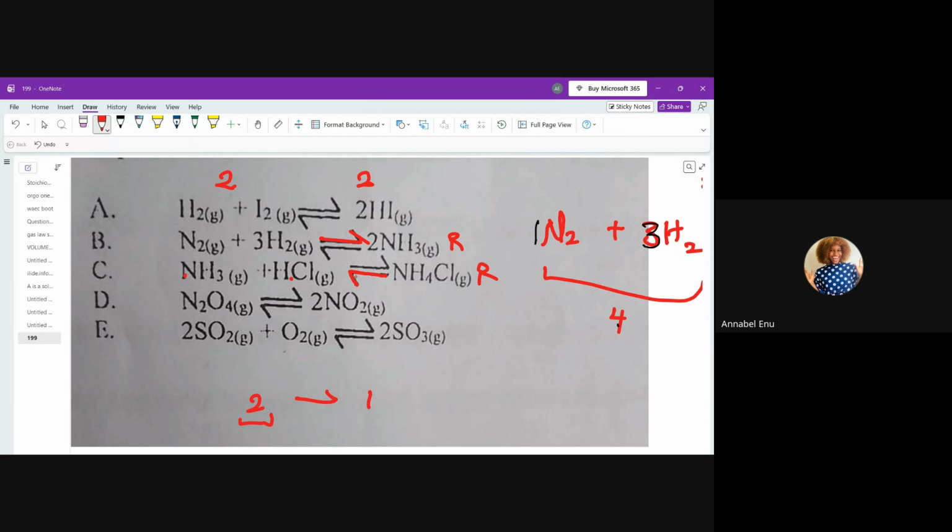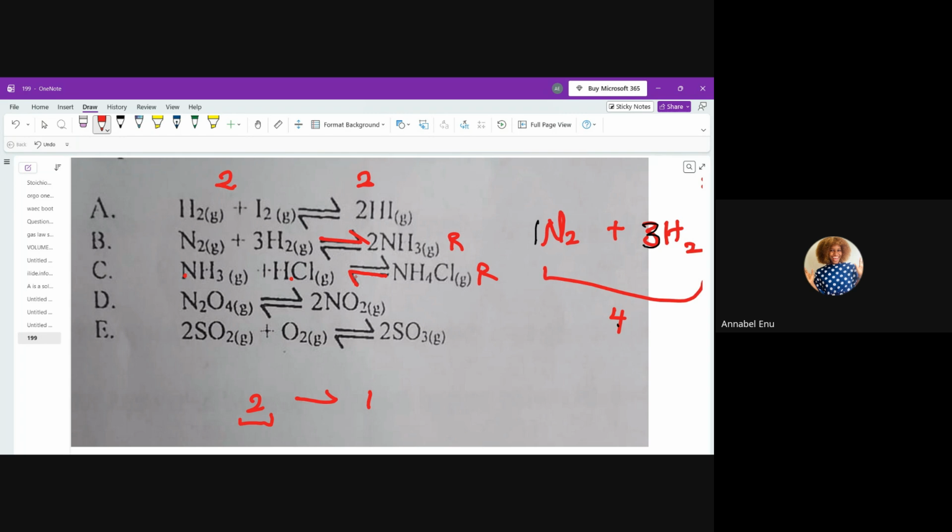It can move towards the left, the side can be the right or the left, towards the side with more number of mole. Okay, so whenever equilibrium is moving towards, usually it is when there is a reduction or removal of a particular condition, be it temperature or concentration or pressure.